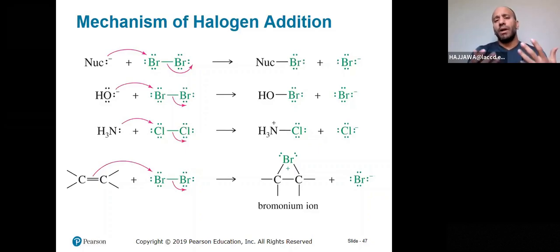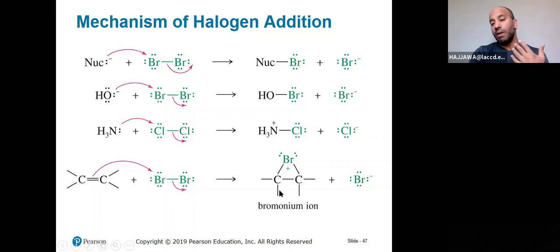If I have Br2 or Cl2 or I2 react with any nucleophile other than an alkene, we will always see that the nucleophile will grab one of the Br or the Cl and kick off the other. But in the case of the alkene, it's an interesting scenario: the alkene reacts with one of the Br, and it's polarized enough to kick off the second, and it doesn't just do an addition.